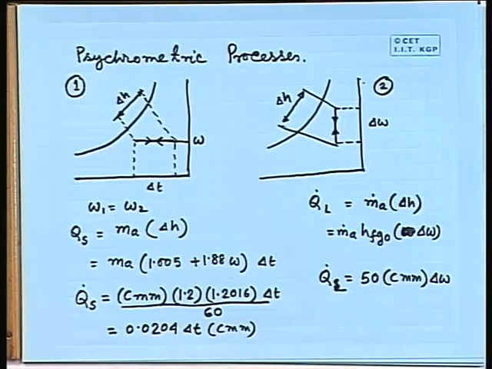So, these two formulas we can remember: Q dot S is equal to 0.0204 CMM delta T, and Q dot L is 50 CMM delta W. HFG0 is the latent heat of evaporation at 0 degree Celsius.